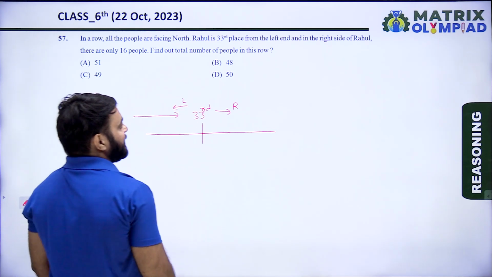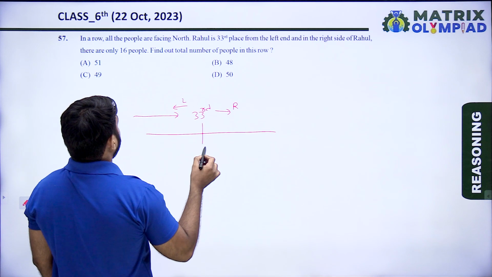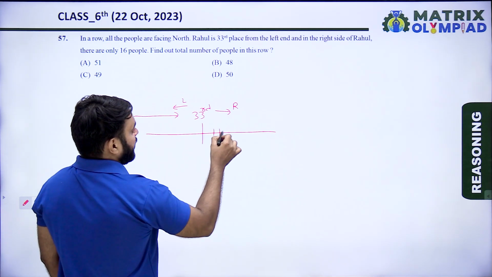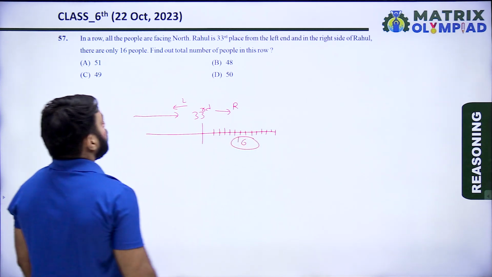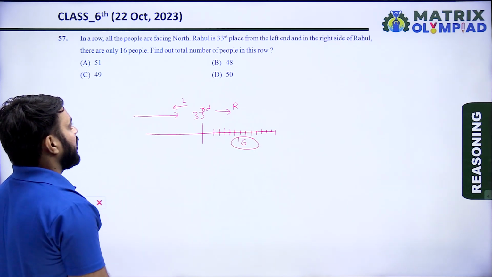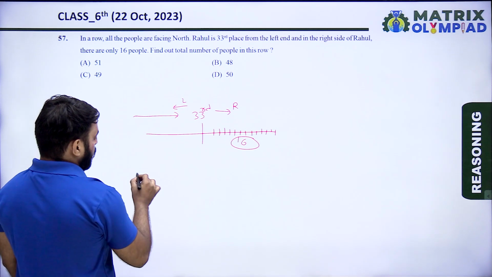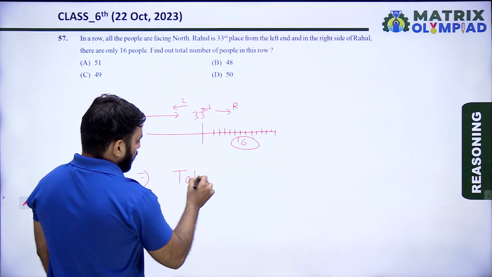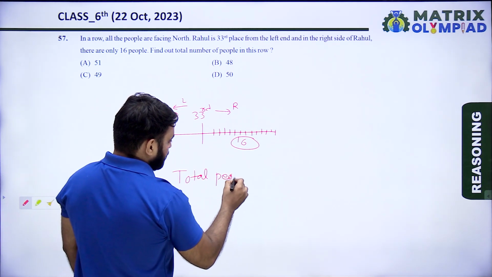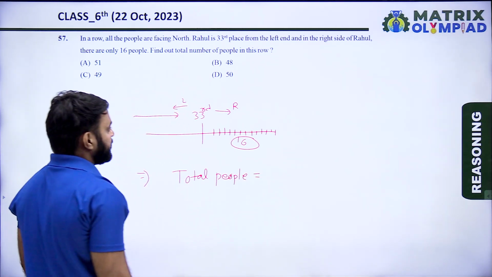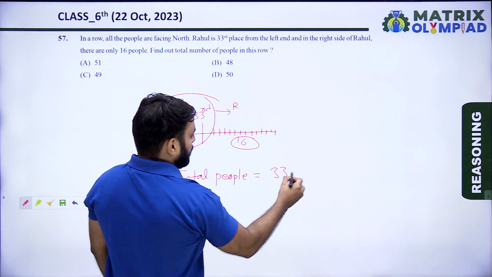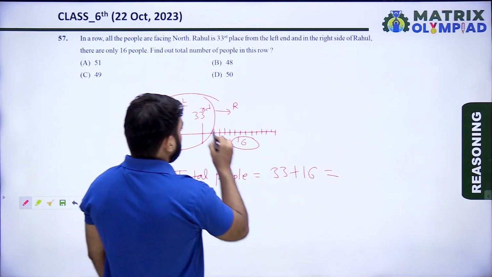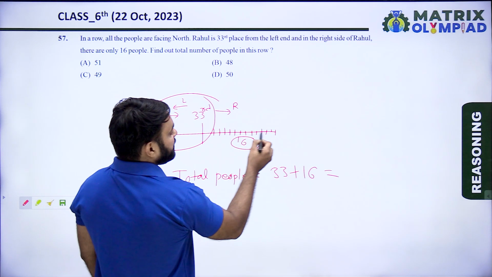In the right side of Rahul, there are only 16 people. So, total people in this row is equal to 33 plus 16.